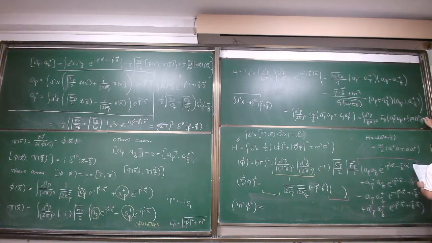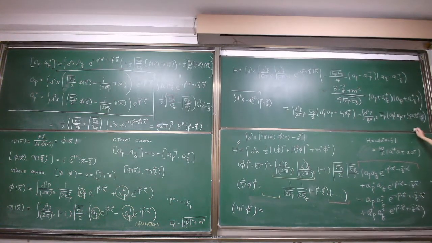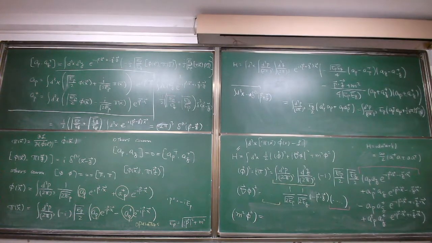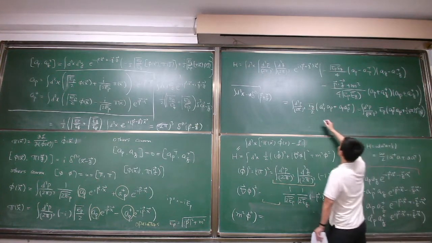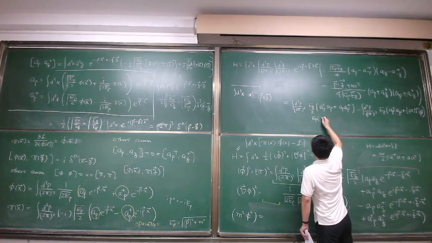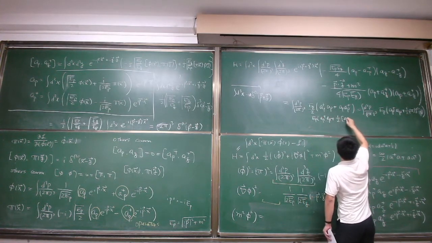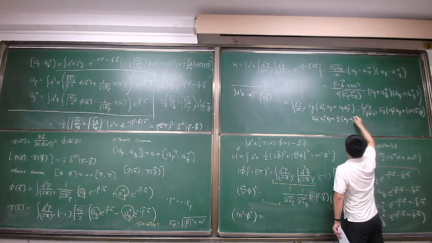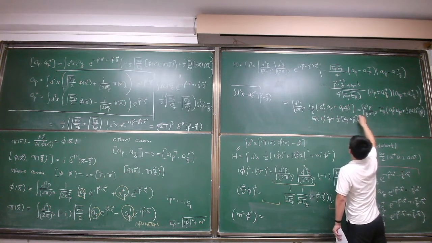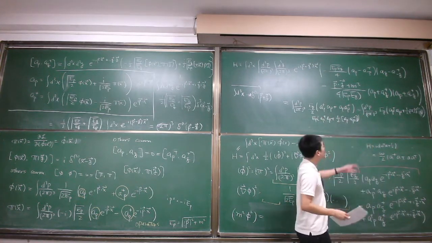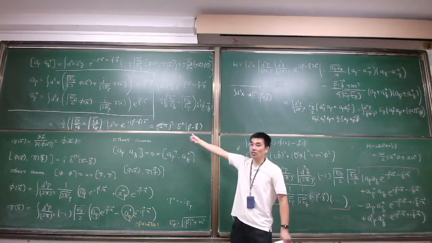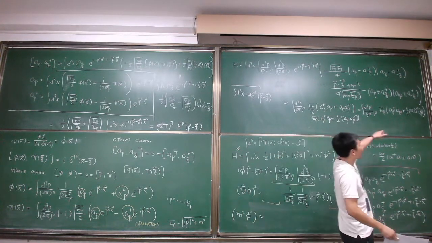In fact, 0. Do you agree? Do you understand? So hopefully you understand this procedure. Essentially, this is equal to E_p over a_p dagger a_p plus 1/2 a_p a_p dagger. So just plug in this commutation relation and you get the delta function.